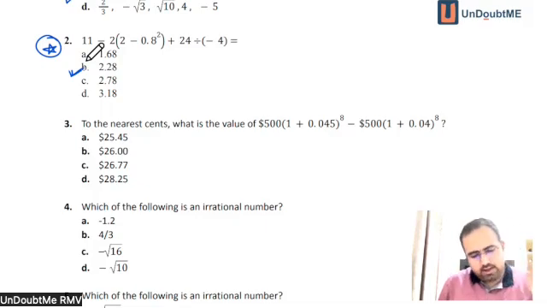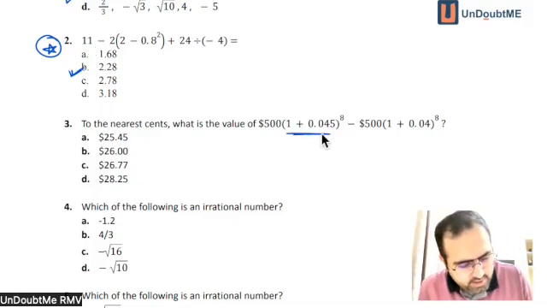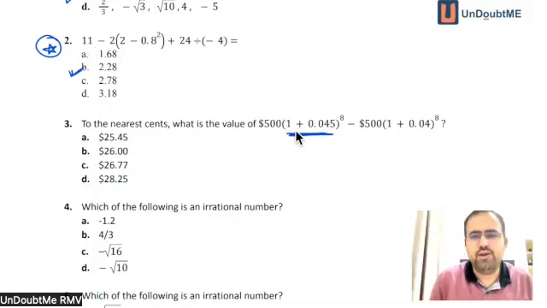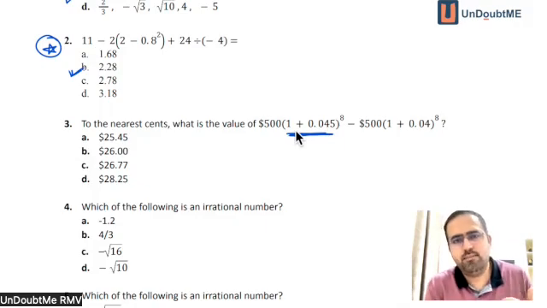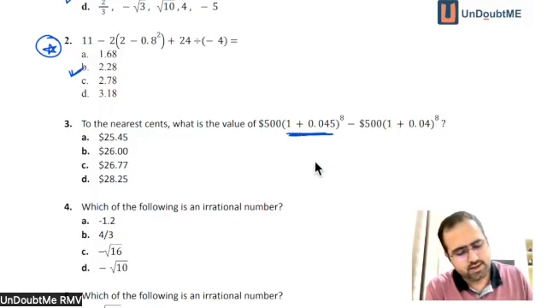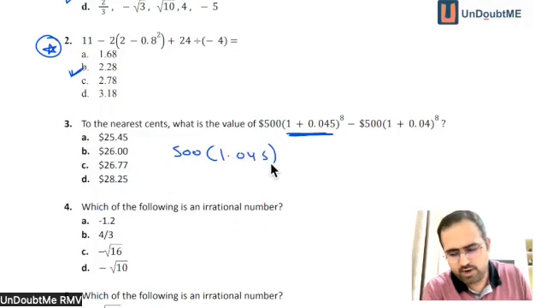Now, this is based on binomial approximation, but since a calculator is allowed, you can just do it directly. It will be 500 times 1.045 to the power 8 minus 500 times 1.04 to the power 8.